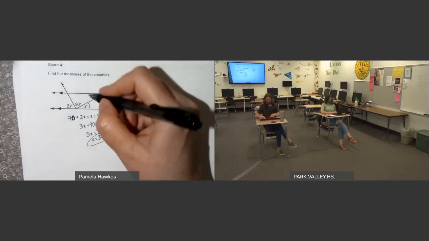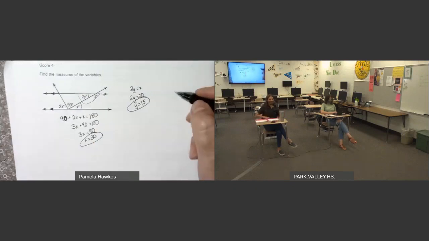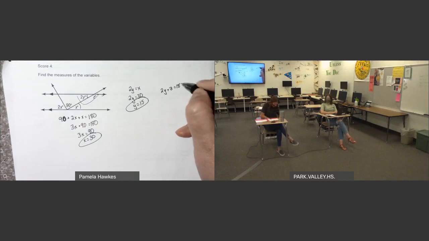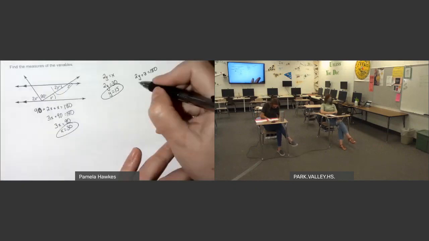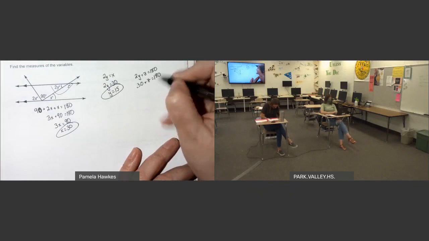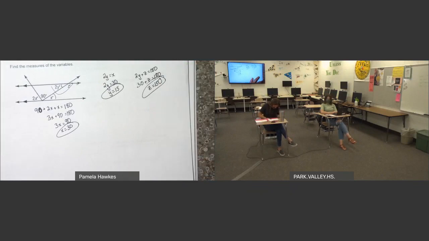Yeah, these two are supplementary. So 2y plus z equals 180, right? So 30 plus z equals 180, right? So z equals 150. You guys even did the hard problem. Good job.